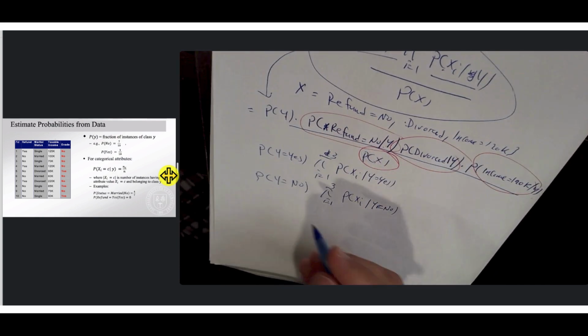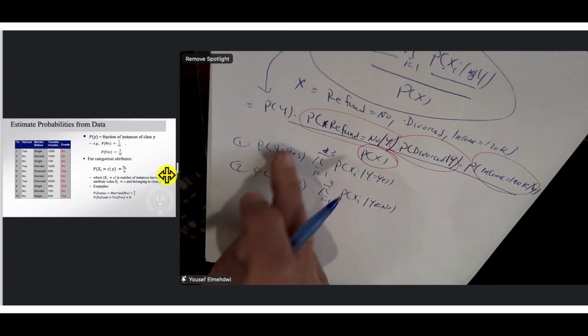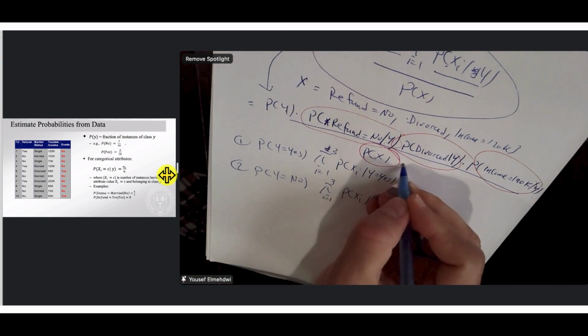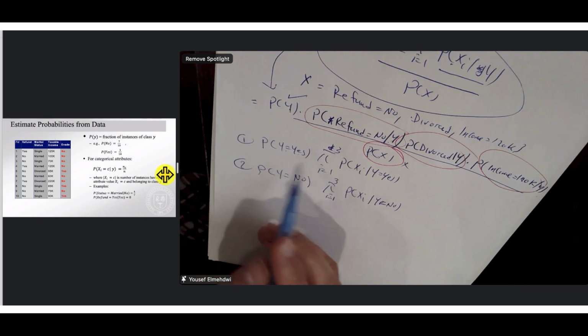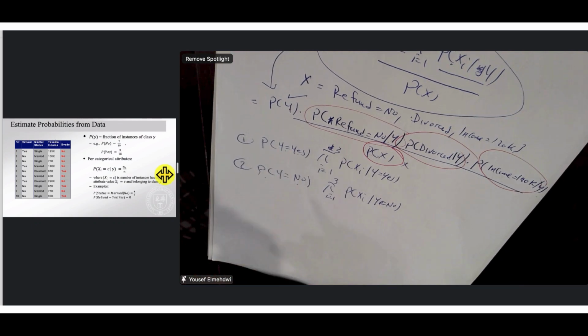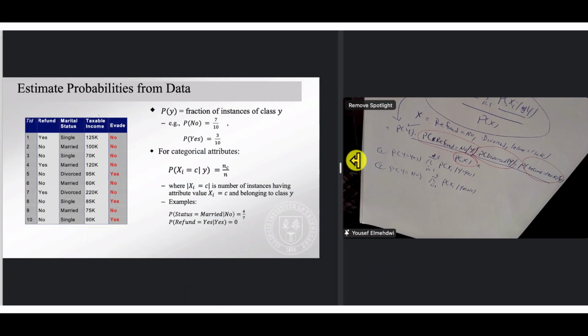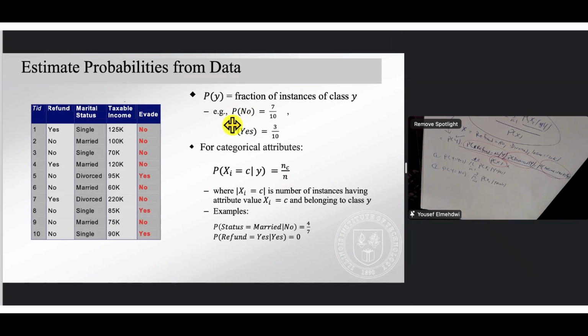So that's 1 and that's 2, and I need to compare both of them. That's why I don't care about the value of x. I'm looking for the probability of y equal yes and y equal no. Can I compute these from the data? Yes, we'll start with a simple thing. What's the probability of y equal yes?